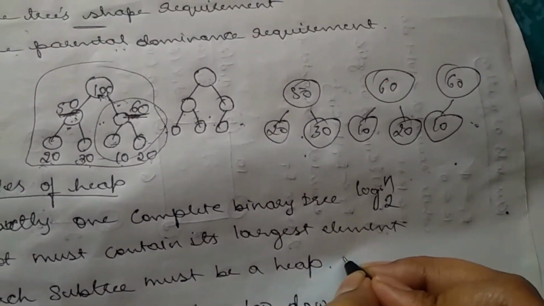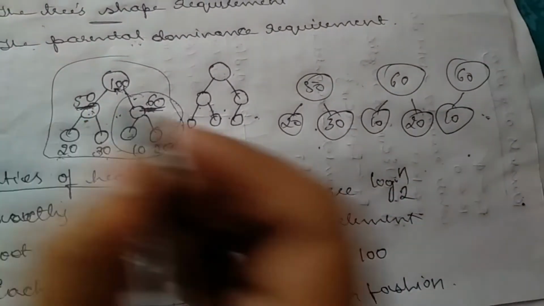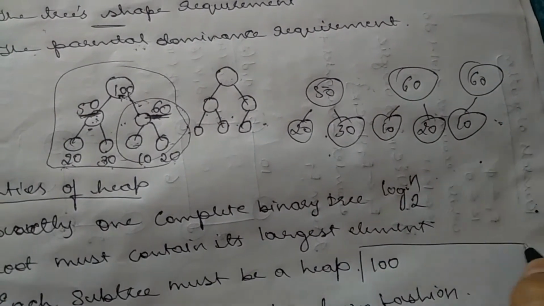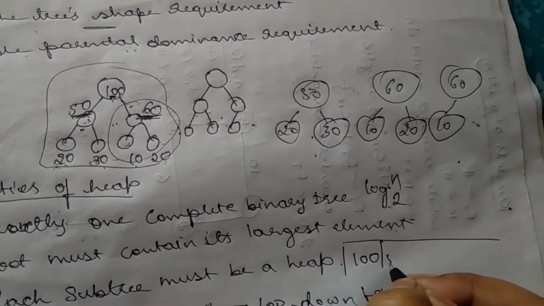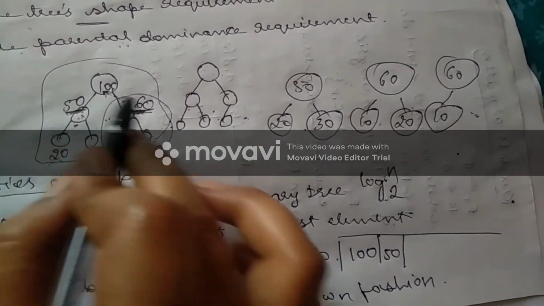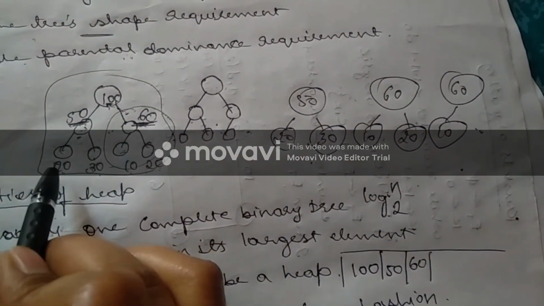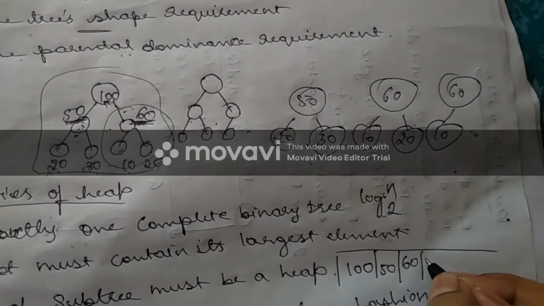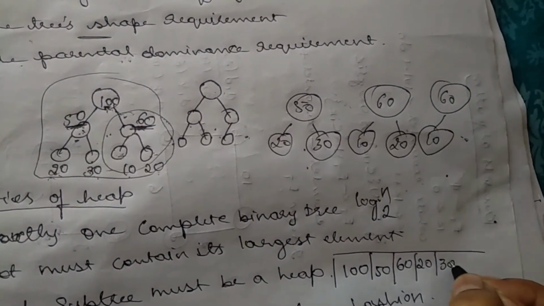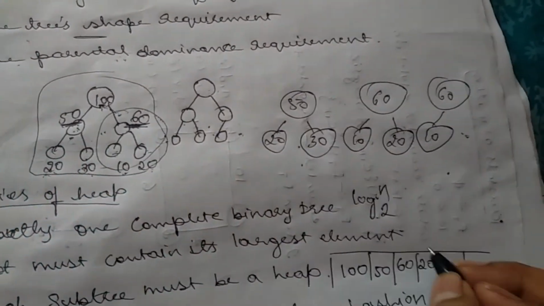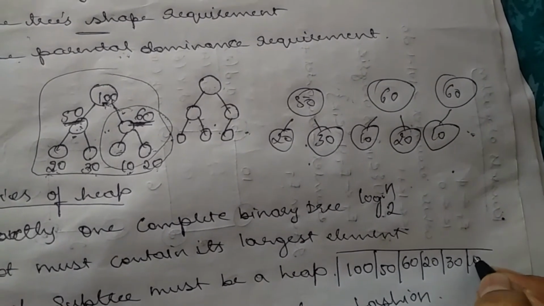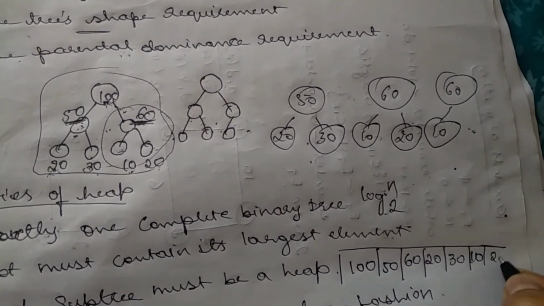Actually, top-down fashion means here I have to take first 100, then 50, then the right 60. Now I'll come for the left of this node, that is 20, then 30, then I'll come here, 10 and then 20.